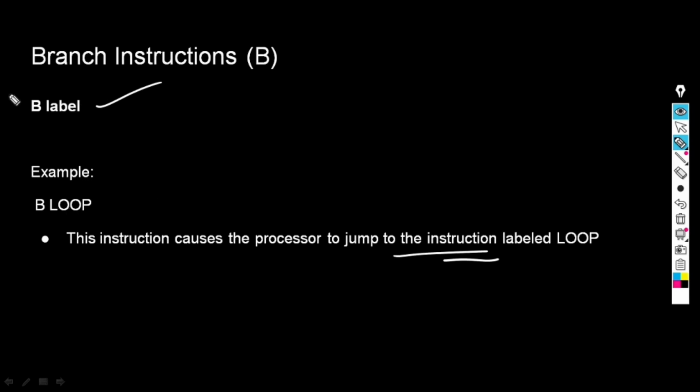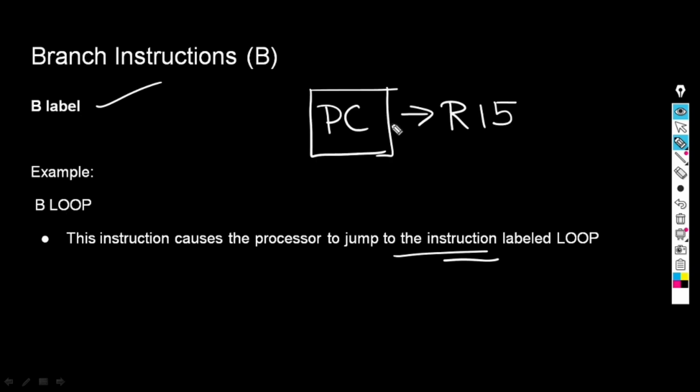But there is something more you need to know. What happens internally when a branch instruction is specified? We know that based on the content of the program counter, which is nothing but your register R15, the address of the next instruction to be executed is determined. So if you modify the content of PC, automatically the control moves to the next specified location in order to execute the specified instruction.